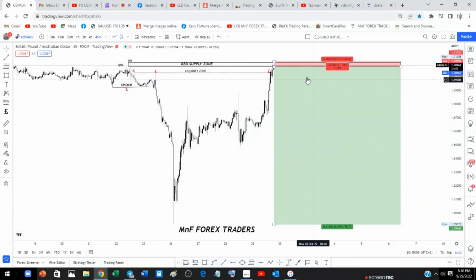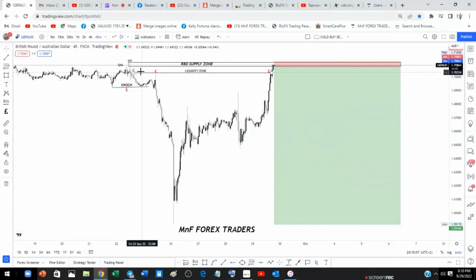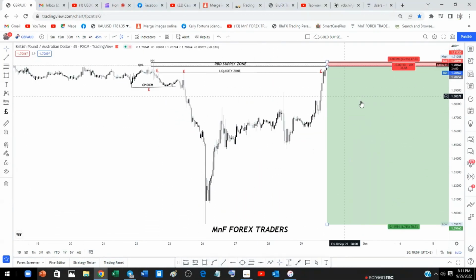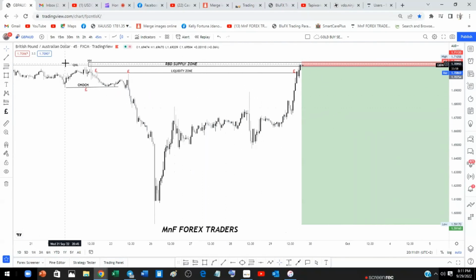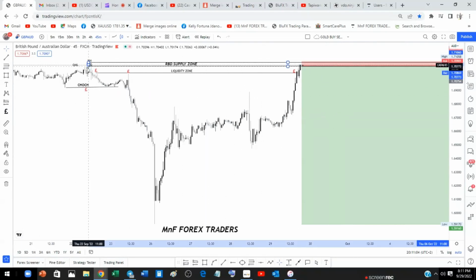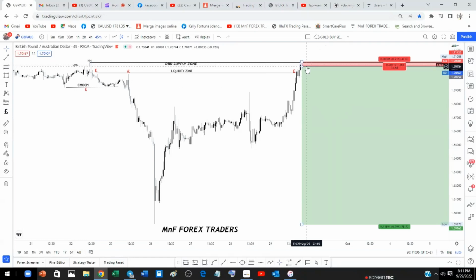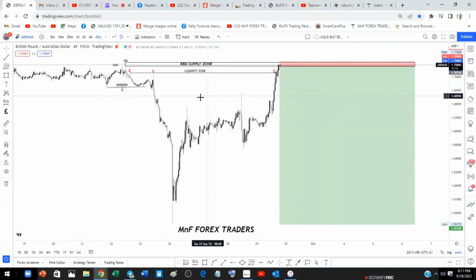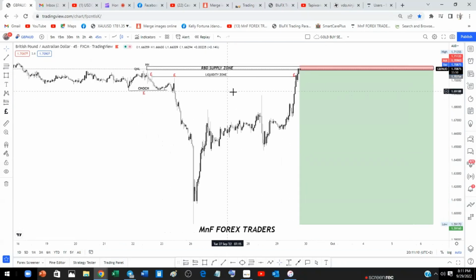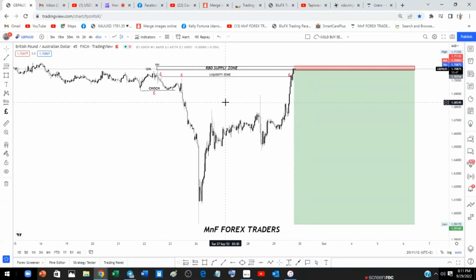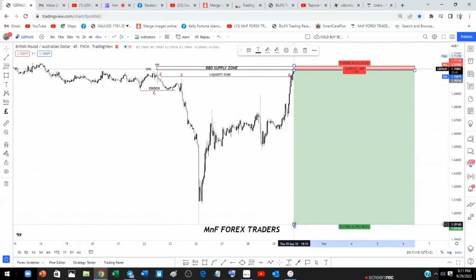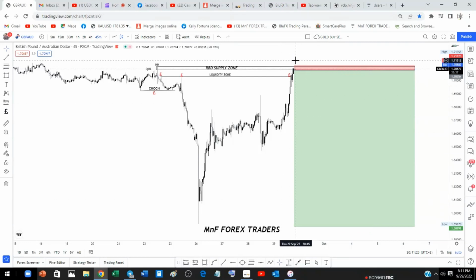That's my target, and I'm risking about 33 pips, and that's how it is, right? So it's a 1 to 34 risk reward ratio trade, and if this trade goes in our direction, that's how much in percentage we would make, right?